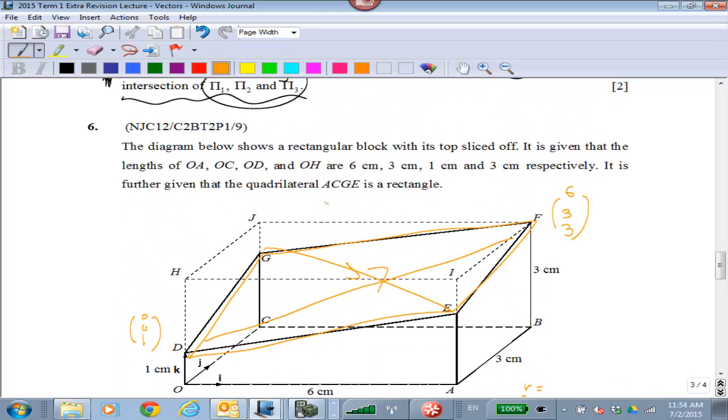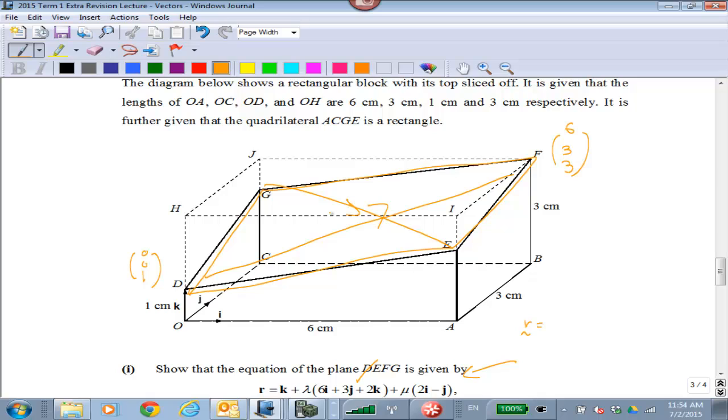The only thing that I know is OA, OC are like 3 cm, then E is how much? I don't even know. No information given to me. I only know that you draw it in such a way that it's a rectangle. That's it.